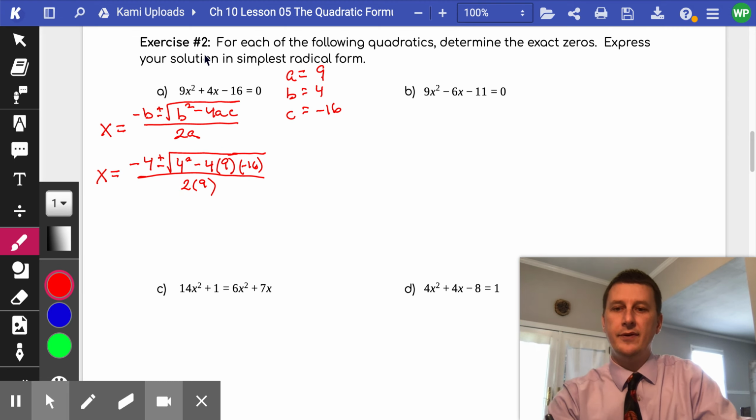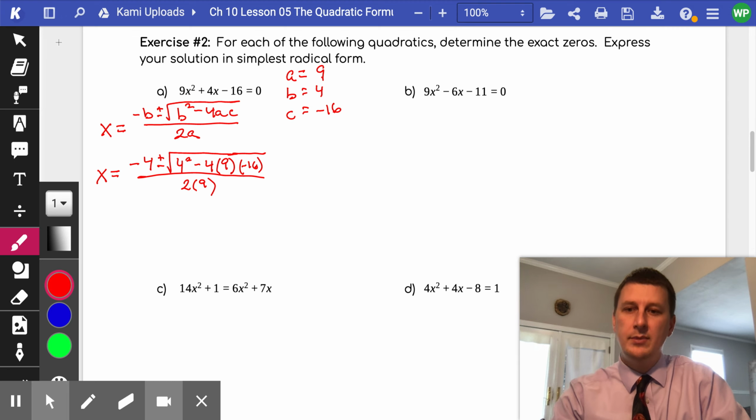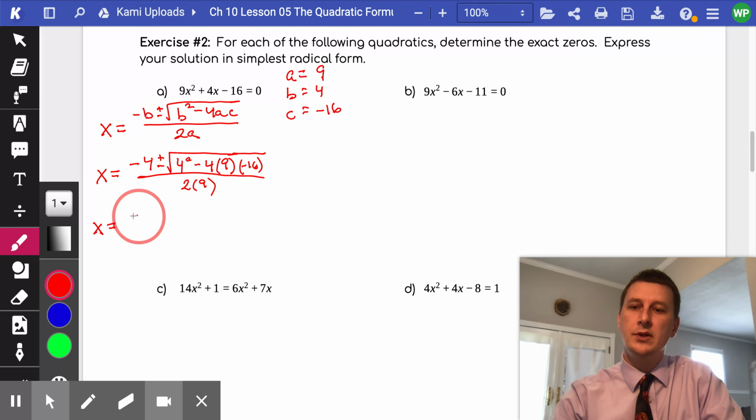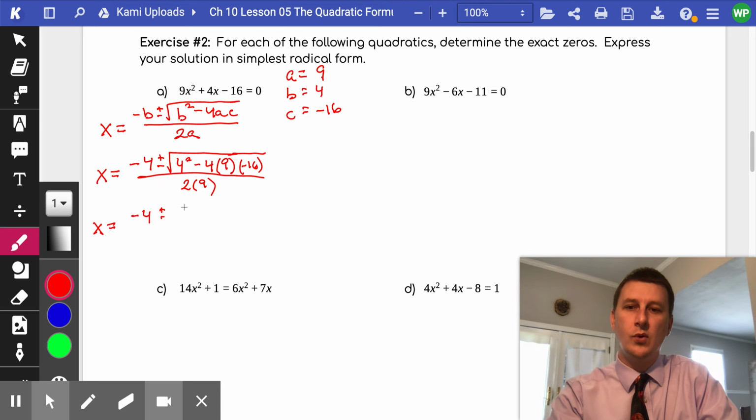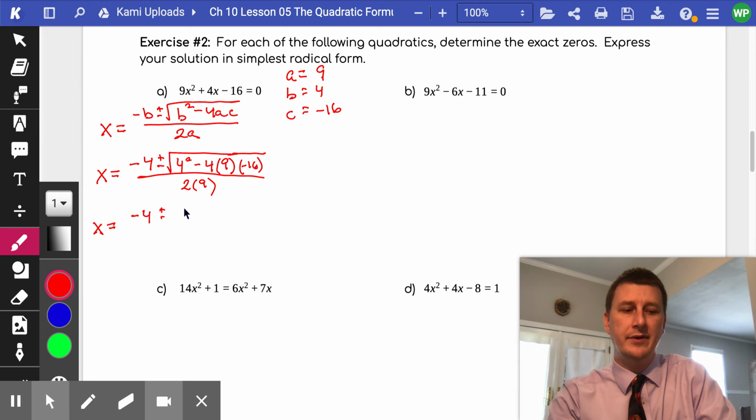So now that we have our whole a, b, and c values substituted in, we want to simplify this the best we can. So we'll just bring down that negative 4, plus or minus, well, 4 squared is going to be 16, okay? So 4 times 9 times 16 will give me 576.